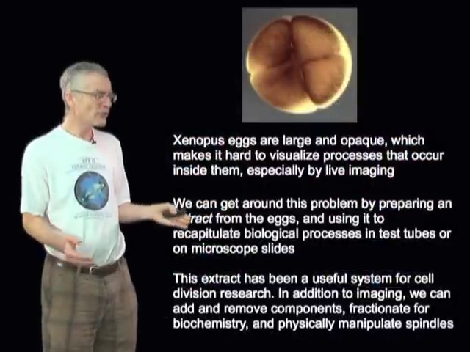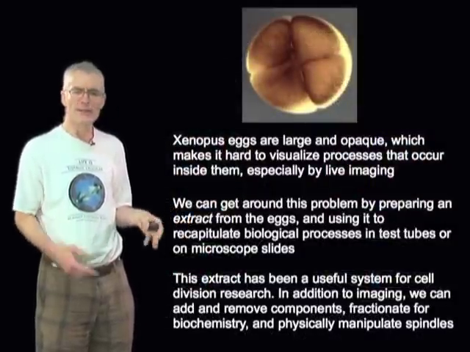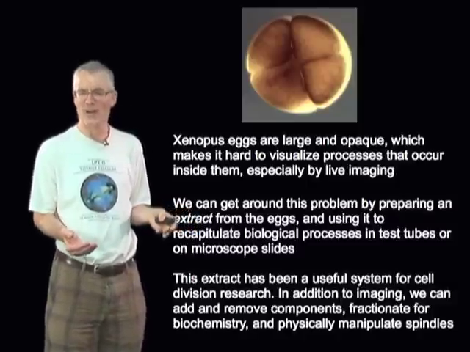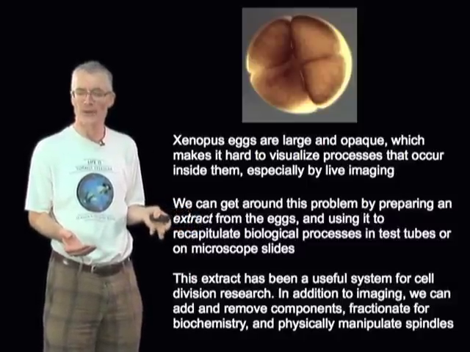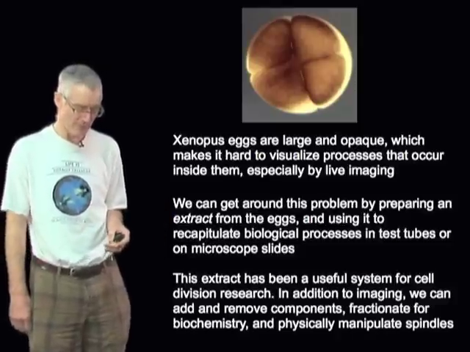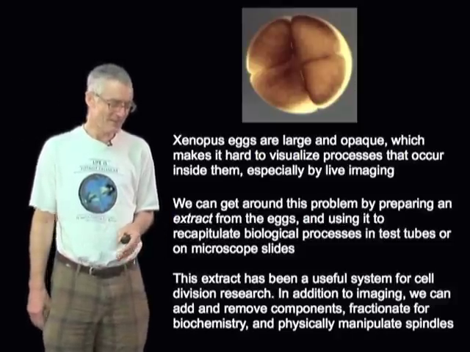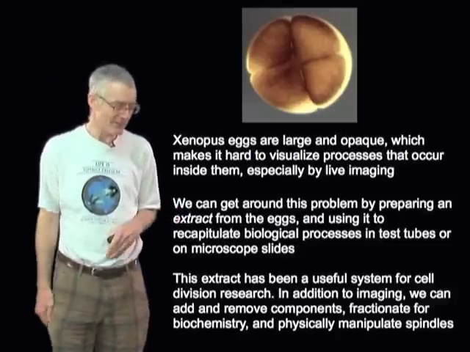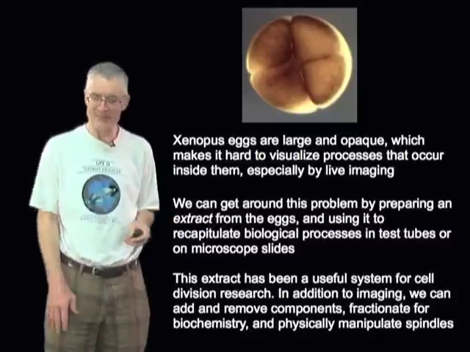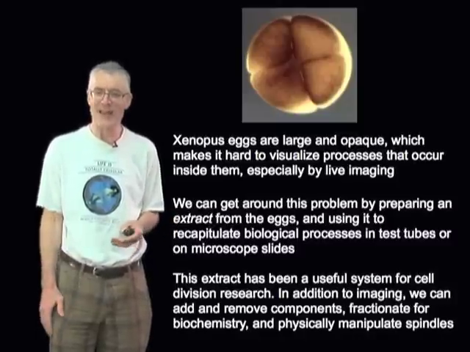Now, Xenopus eggs, although they divide beautifully, are large and opaque, which makes it hard to visualize what's going on with a microscope. And I'm sure it's evident to everyone by now that my favorite thing to do in biology is to peer at things through a microscope as they happen.